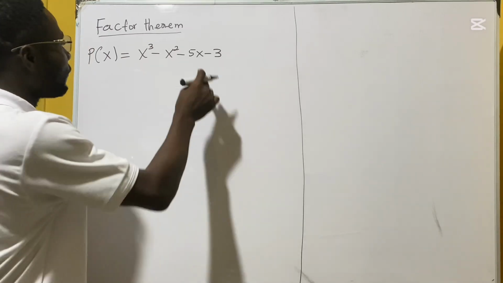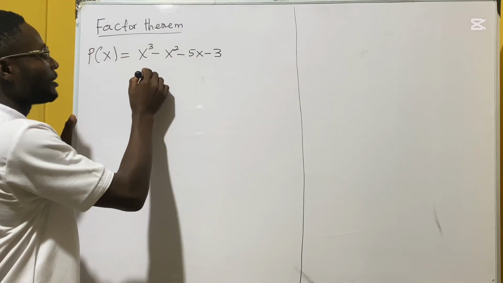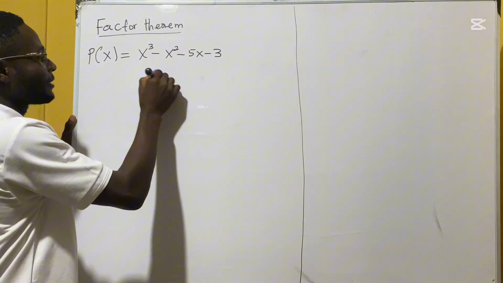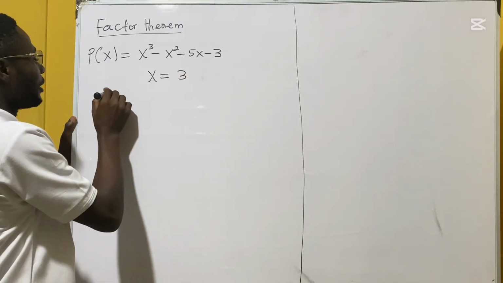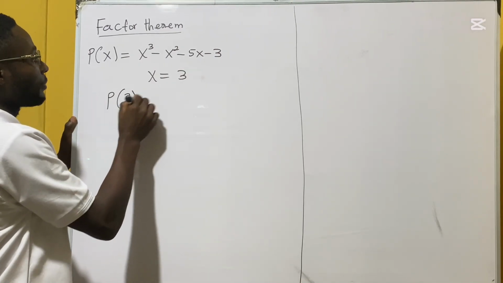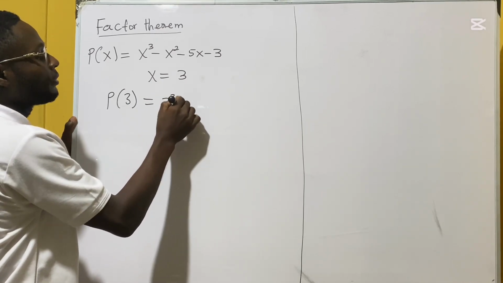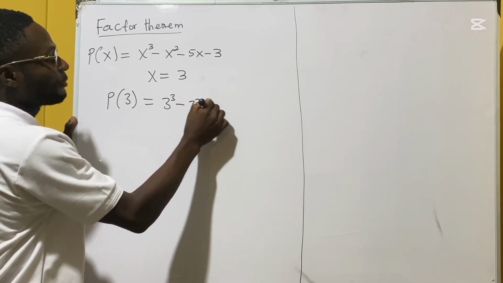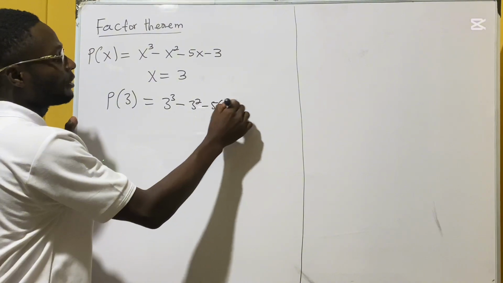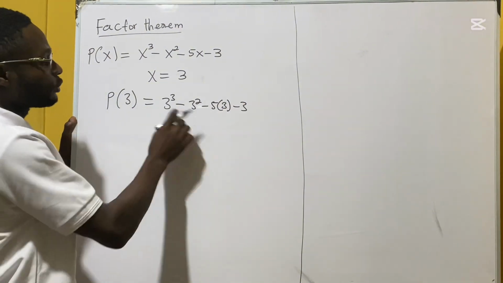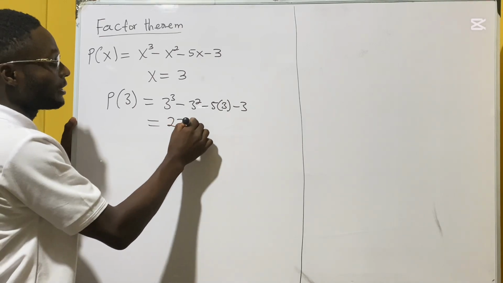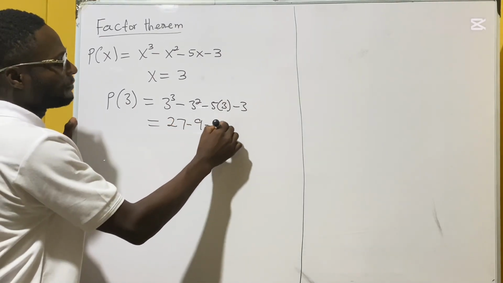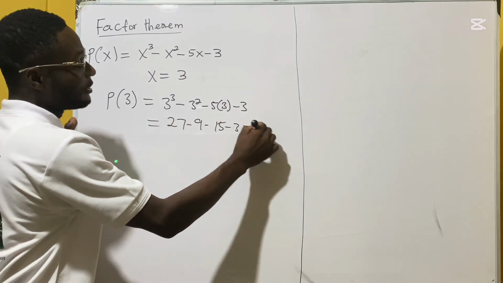So when we say x equals 3 and substitute 3 here, we have p of 3 equals 3 cubed minus 3 squared minus 5 times 3 minus 3. When you sum everything up, you have 27 minus 9 minus 15 minus 3, and that is 0.